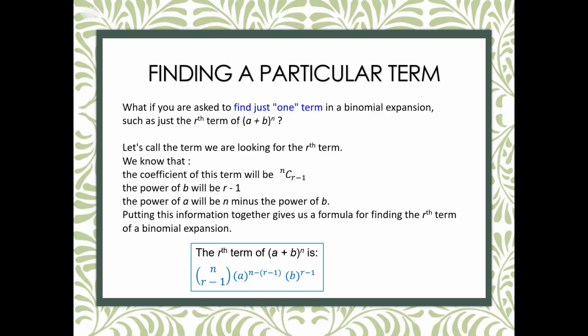Putting this information together gives us a formula for finding the rth term of a binomial expansion, which is nC(r-1) multiplied with a to the power of n minus (r minus 1) multiplied with b to the power of r minus 1.